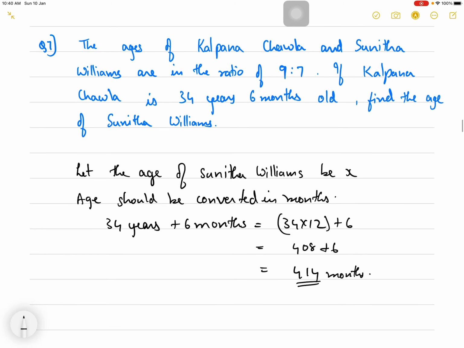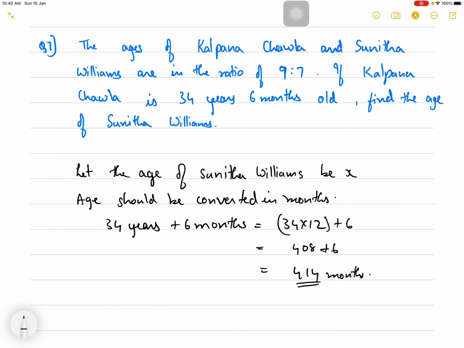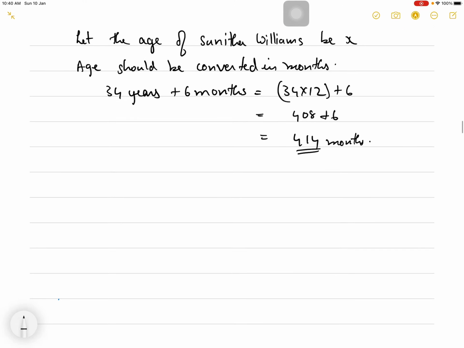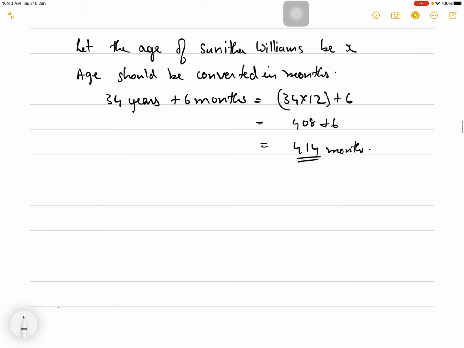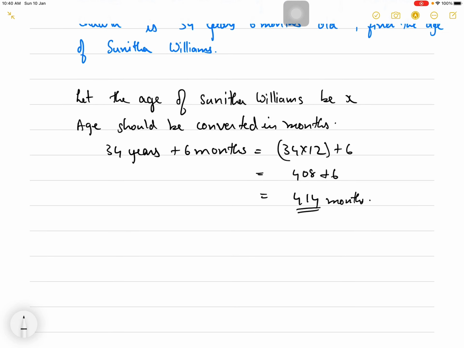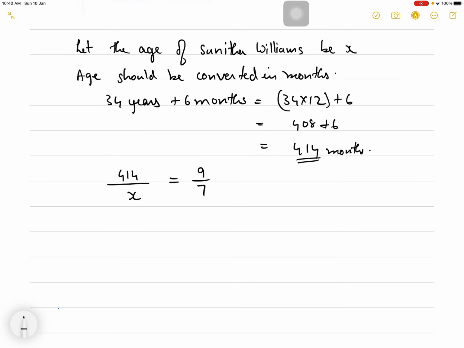Okay. So the ages of Kalpana Chawla and Sunita Williams are in the ratio of 9:7. If Kalpana Chawla's age is 34 years 6 months, find the age of Sunita Williams. Okay. So Kalpana Chawla's age is 414 months and Sunita Williams' age is x, and they are in the ratio of 9/7. So we can just cross multiply and find the value of x.